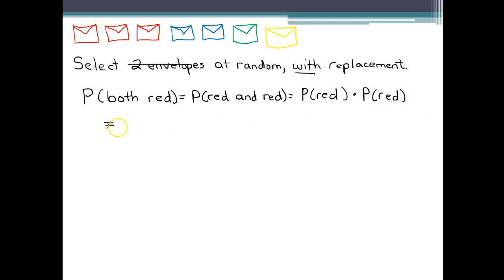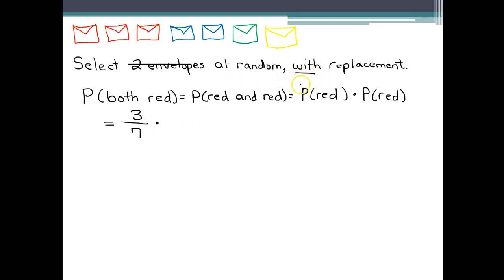Okay, so we've got to take the probability of drawing a red on the first pick. Well, there's 3 red envelopes out of 3, 4, 5, 6, 7 envelopes. So the probability is 3/7. Now when you go to pick your second envelope, remember this is with replacement.